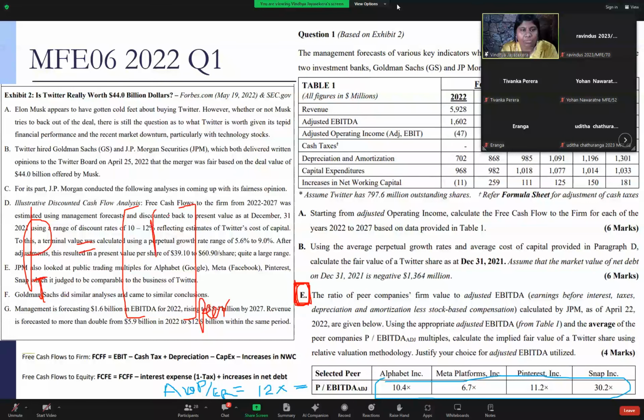I know the peer price to EBITDA. If I know the peer price to EBITDA, what do I have to multiply this with to get the price of Twitter?